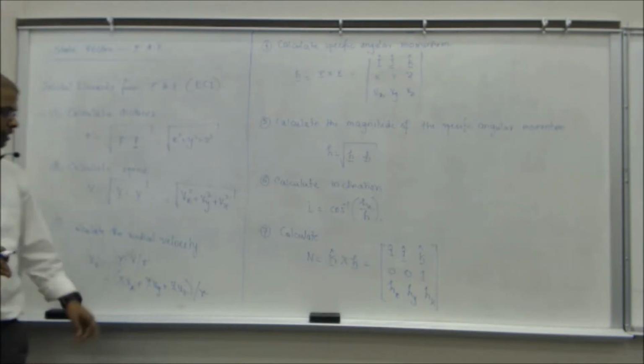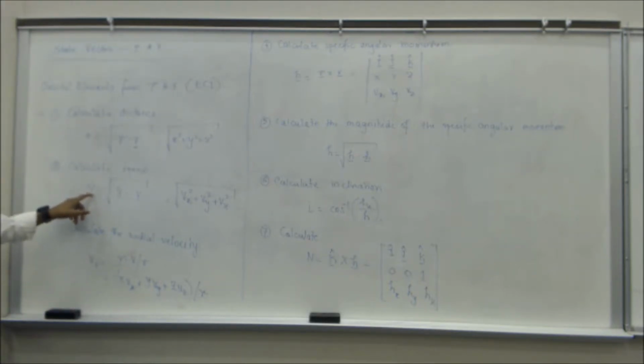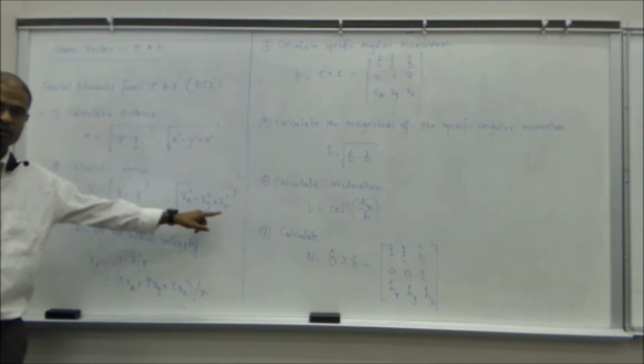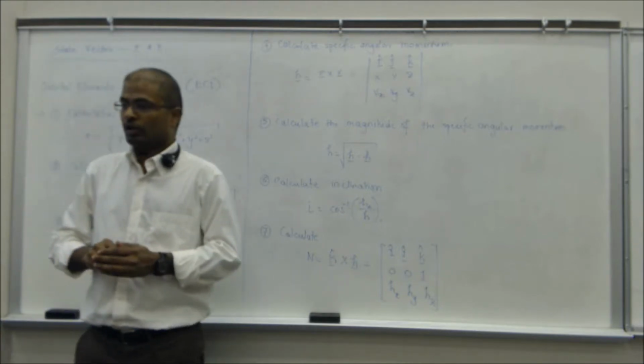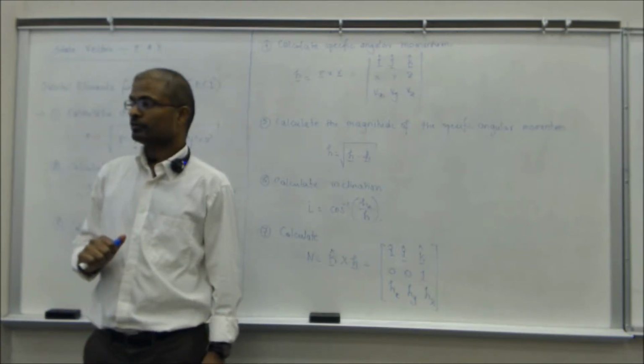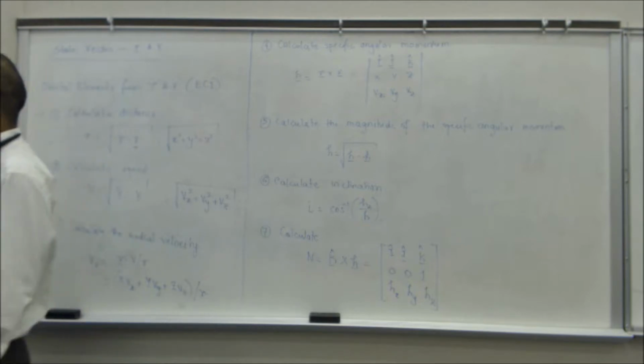Got it? Similarly, your velocity will also have Vx, Vy, Vz. What do you mean by radial velocity? What are the two components of velocity here?